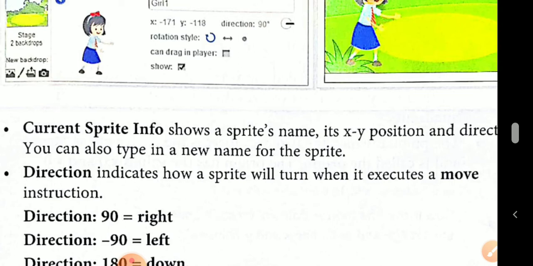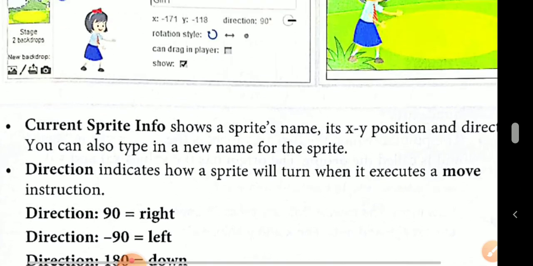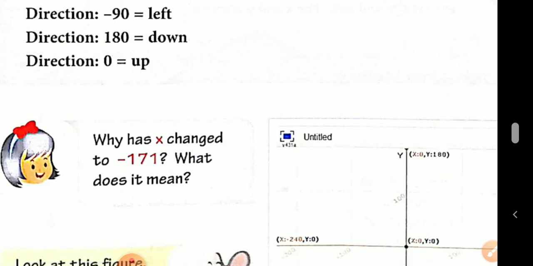So here we can give the moving direction, and this time the direction will also change. Here your direction is 90 degrees right, minus 90 degrees is left, direction 180 is downside, and direction 0 is upside. Okay, so this is the direction of the sprite.